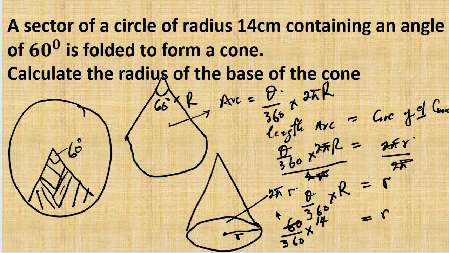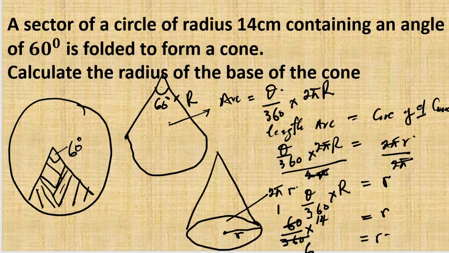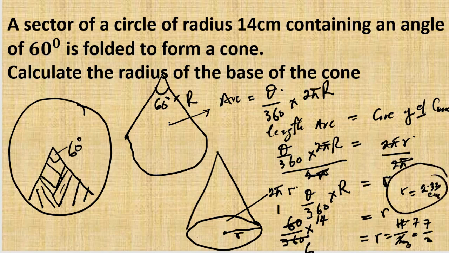So 60 here is 1, 60 in 360 is 6. Obviously, r is equal to 14 over 6. 2 here is 3, 2 here is 7, which is equal to 7 over 3. Then r obviously is equal to 2.33 centimeters. Now, that's the value of r.